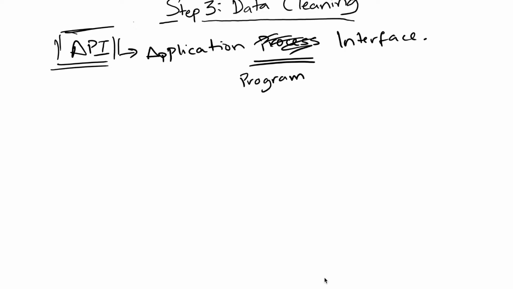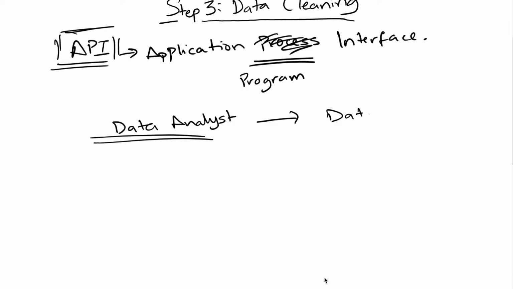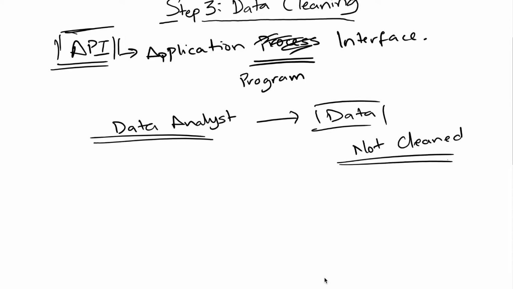So as a data analyst, I'm sure by now you have probably guessed that you will be working with a lot of data. Now, bear in mind, when you receive this data, it will not be clean, because every company has different ways of actually maintaining their specific data.